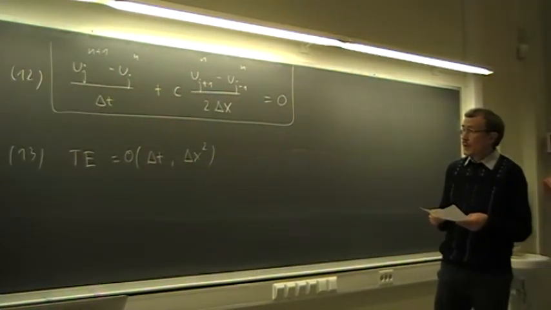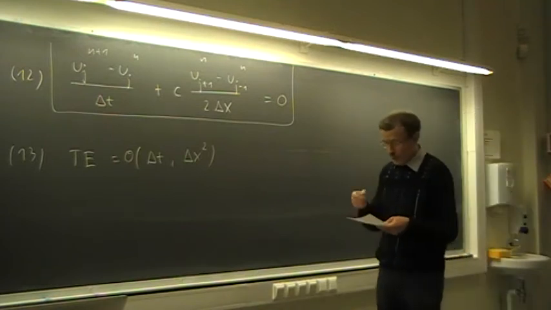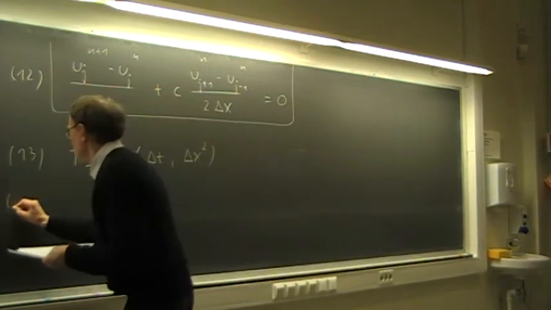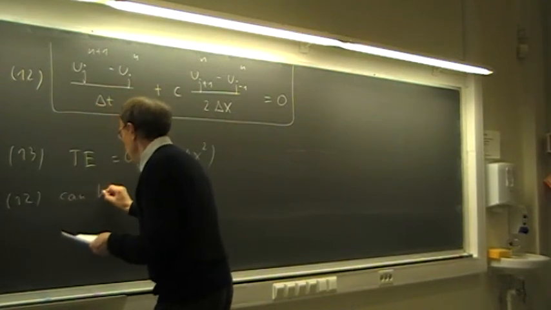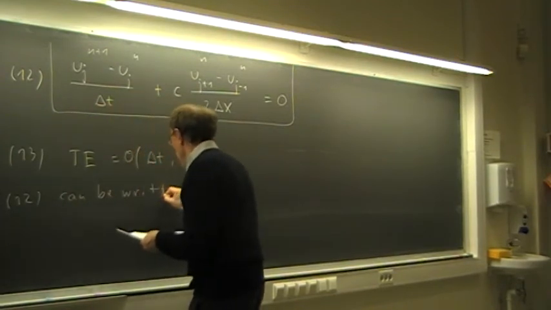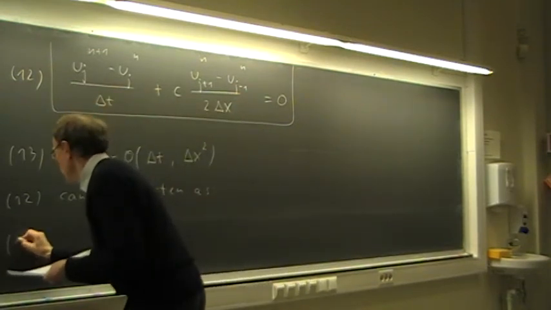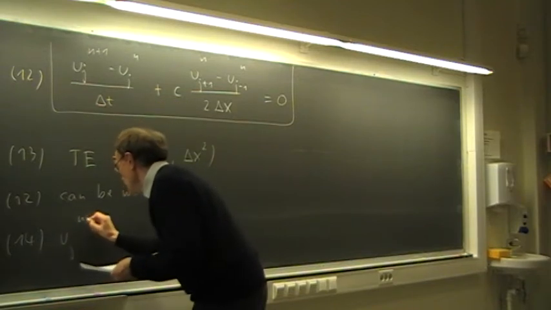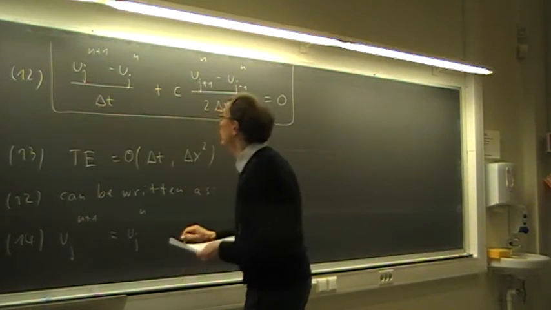Now, to do the analysis regarding stability, we write it in a little bit different form, also in the form that we would program it. So the forward time-centered space scheme can be written in the following form. We have u_j^{n+1} is equal to u_j^n.